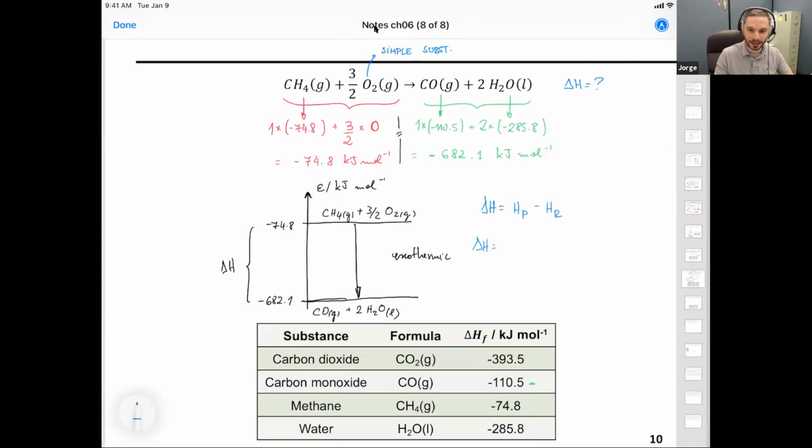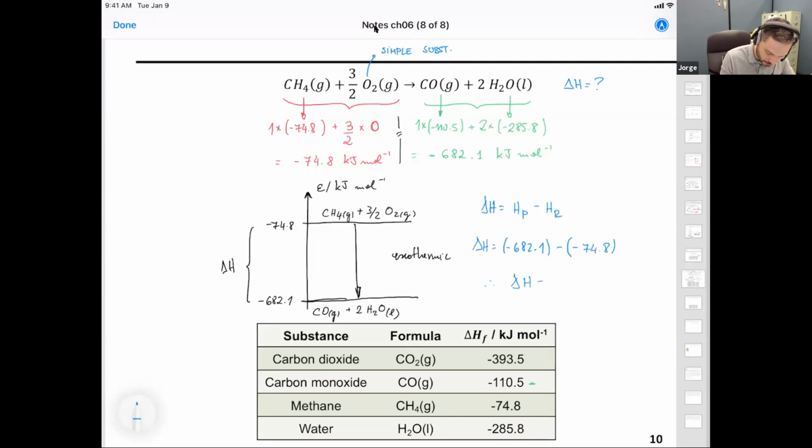Let's replace the numbers. Enthalpy of the products is the energy level of the products. Don't forget the sign. Minus, attention here, energy level of the reagents, which is minus 74.8.